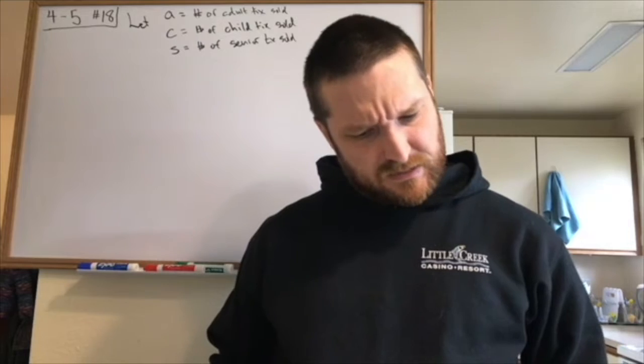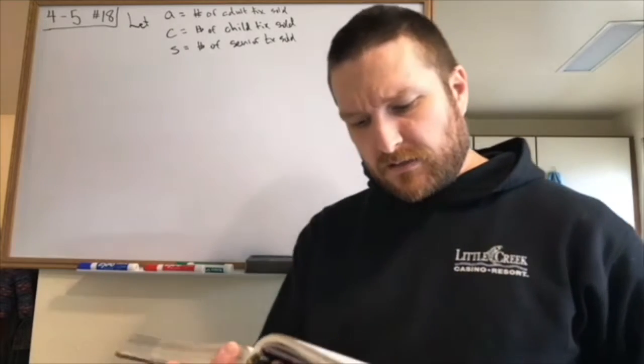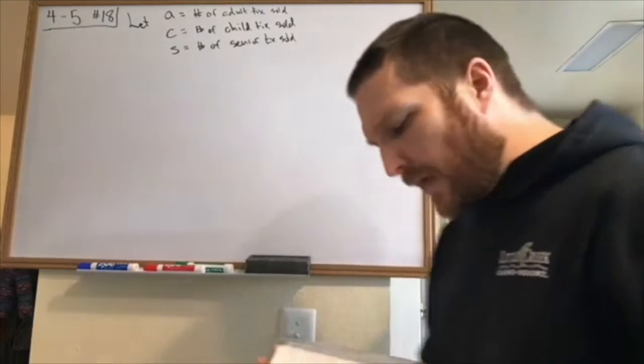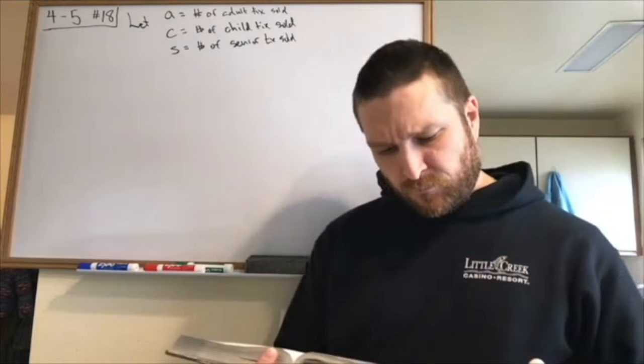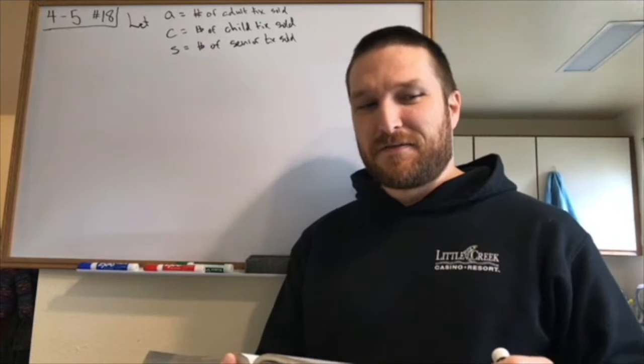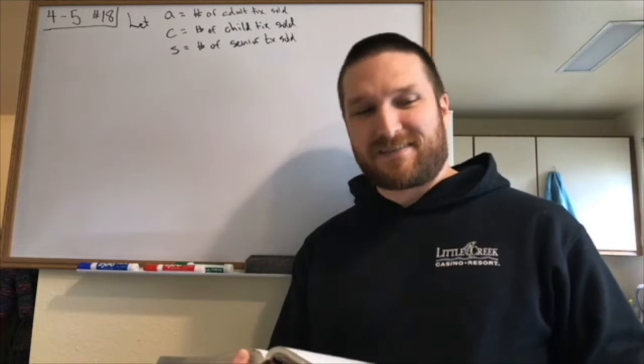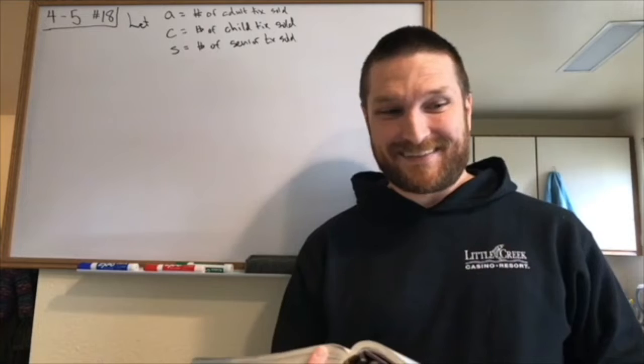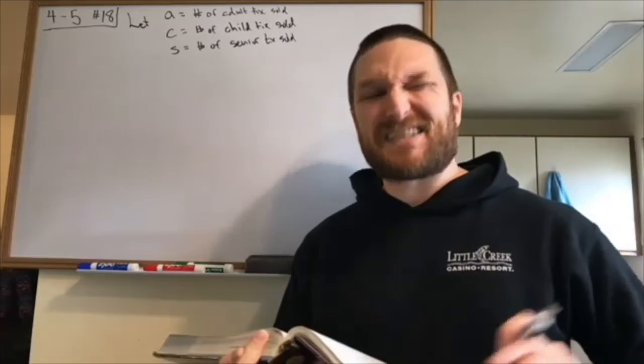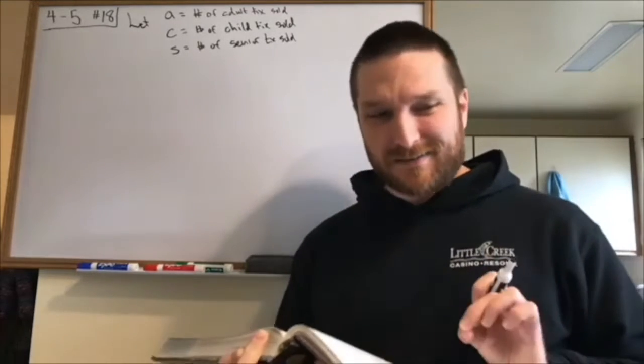Then they give me some information. They say the adult tickets have a certain price. Okay, so what I'm going to do is this, and this is going to help you very, very much for the rest of the time that you do mathematics of any sort, especially when you go into calculus.